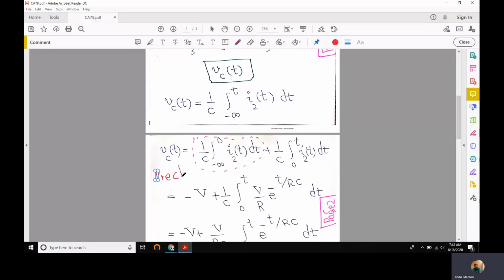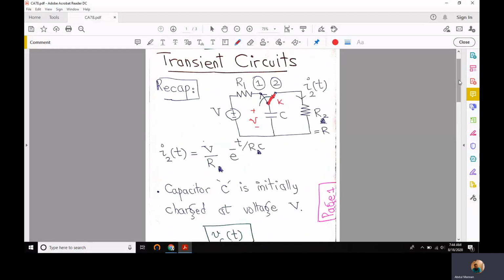So in this case, the capacitor is pre-charged at a voltage V. In fact, the capacitor is charged at a voltage minus V, because when we applied KVL to this circuit, we assumed I2 of t to be flowing clockwise. And the clockwise flowing I2 would cause a voltage drop across the capacitor in this polarity.